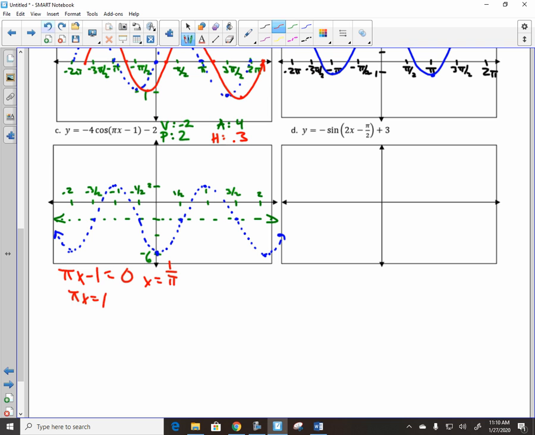Notice, because my axis was written in terms that did not involve pi, I then wrote my horizontal shift not as 1 over pi, but as a decimal, or 0.3. How much of a tick mark is 0.3? Yeah, just a little bit more than a half, right? So take all these and just move them a little bit more than a half unit over.